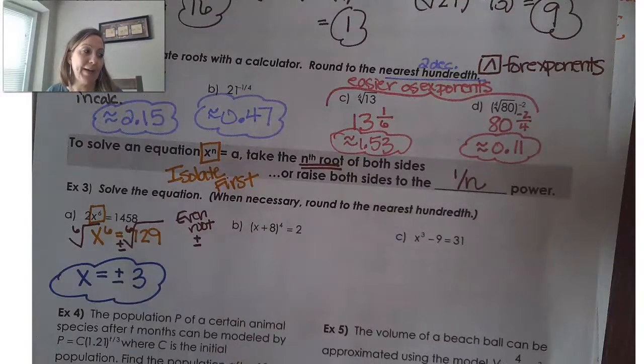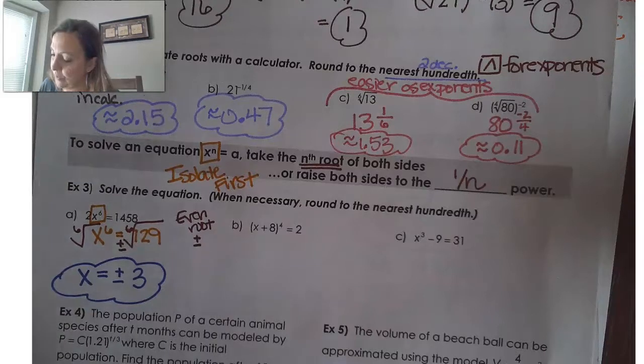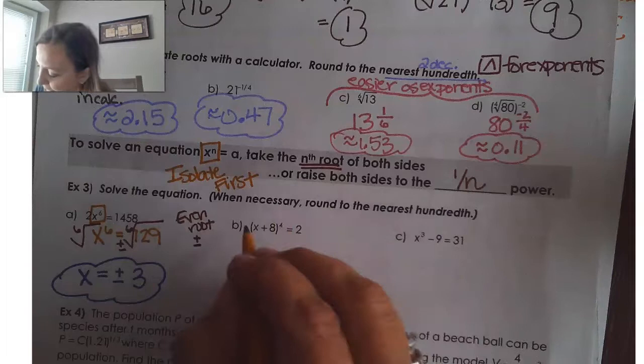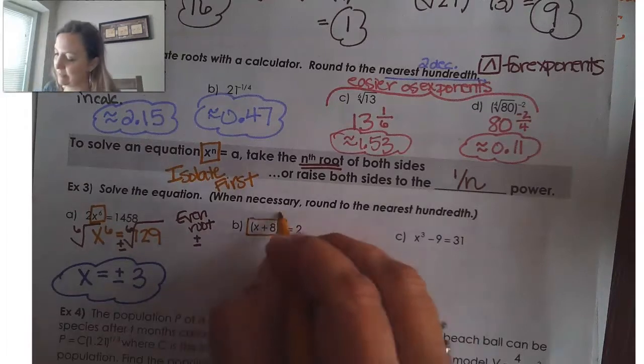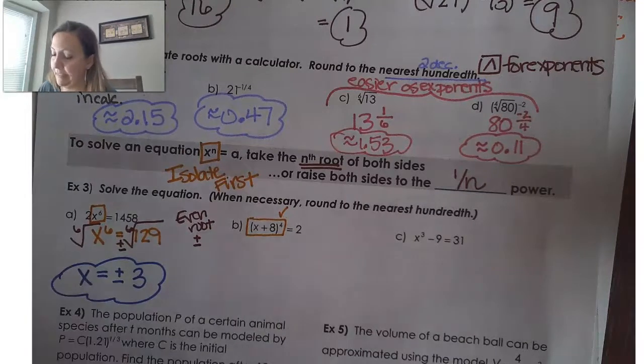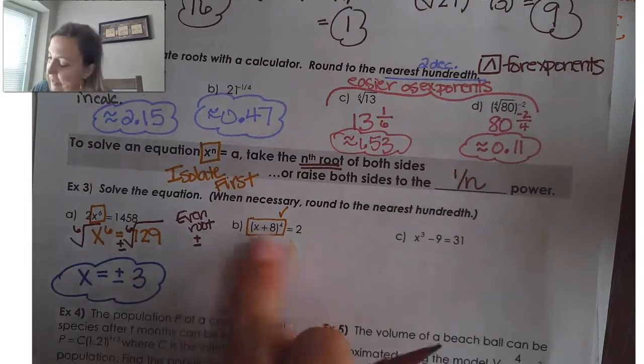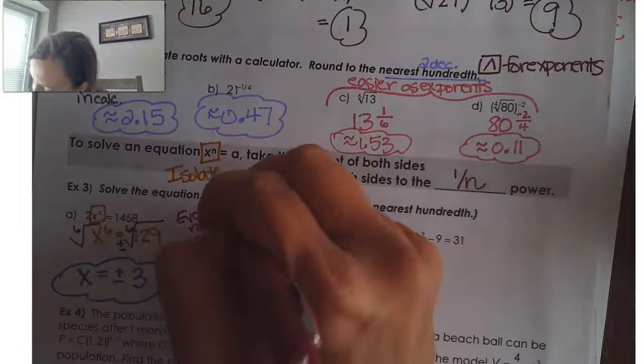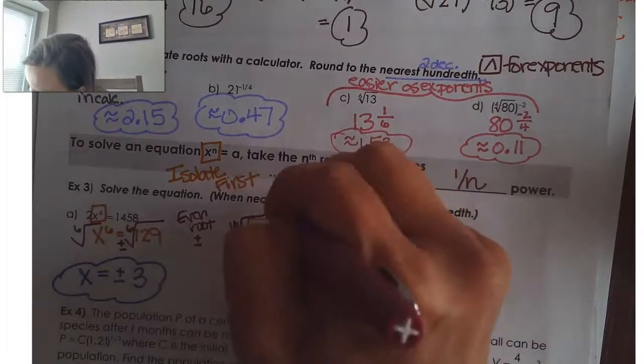Okay. In letter B, I have the quantity x plus 8 to the fourth equals 2. Notice that this is already isolated. So I can start by taking, since I'm raising it to the fourth, the fourth root of each side.